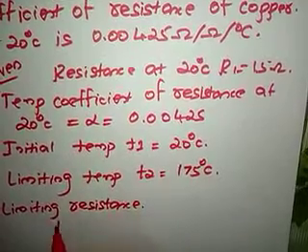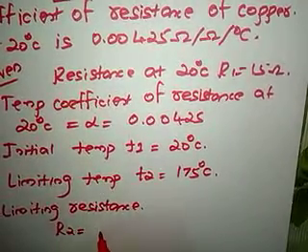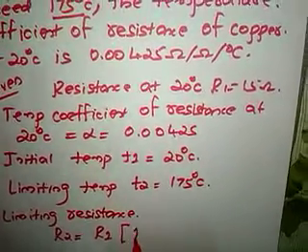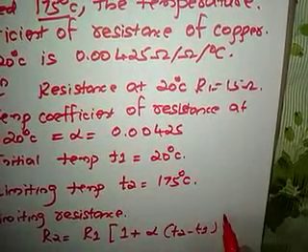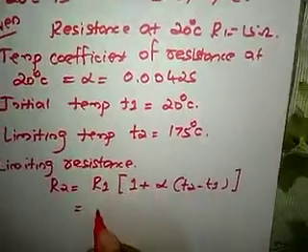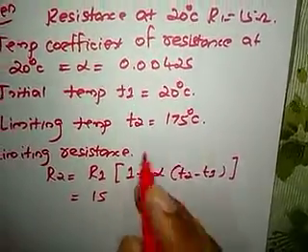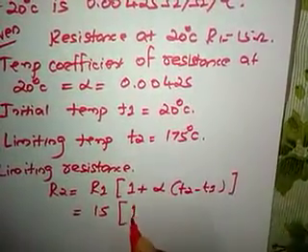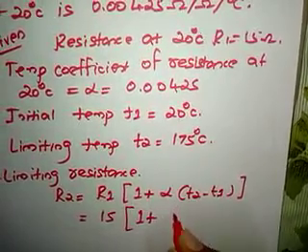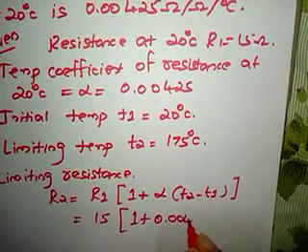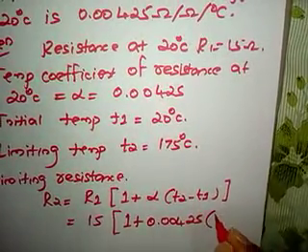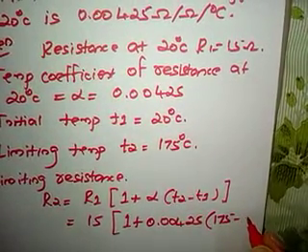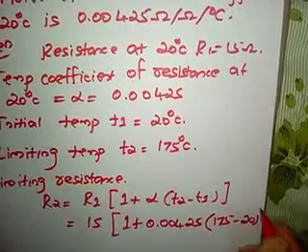So the limiting resistance, that is R2, if we consider, is equal to R1 into 1 plus alpha into T2 minus T1. Okay, so R1 is 15 ohms, into 1 plus alpha, 0.00425, into T2 minus T1. T2 is 175 minus T1, which is 20.